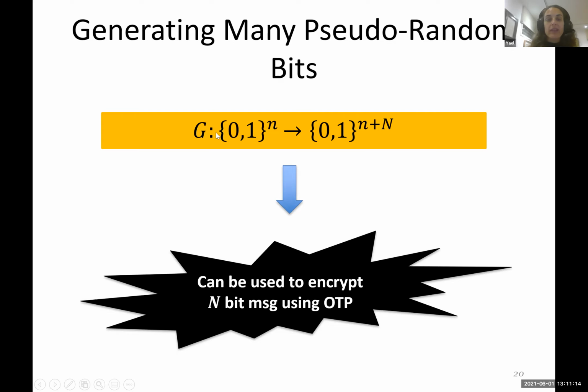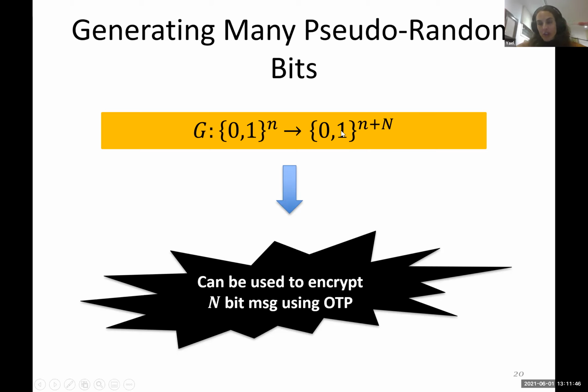In other words, suppose I had a function G that for any big N generated this many bits of randomness. Then this is great, because we can meet ahead of time once and generate only little n bits of key, so little n random bits. Later, even if we want to encrypt many more bits, that's fine.